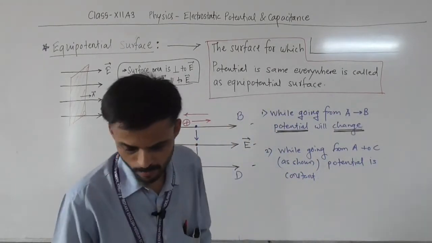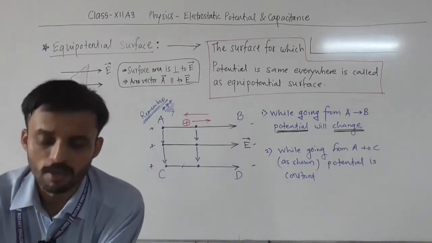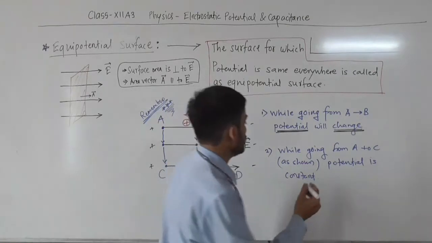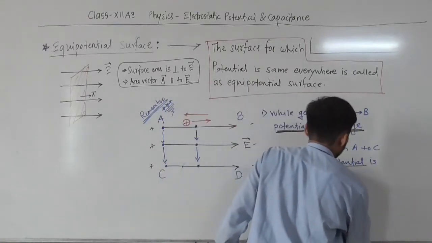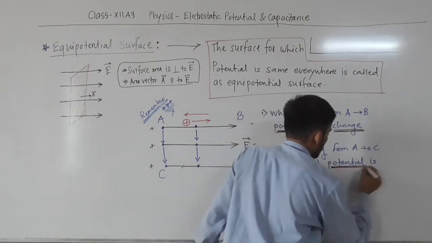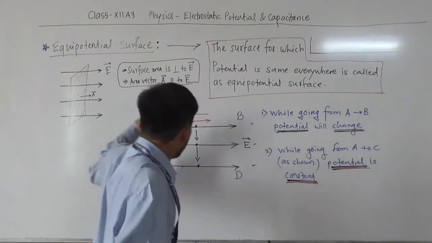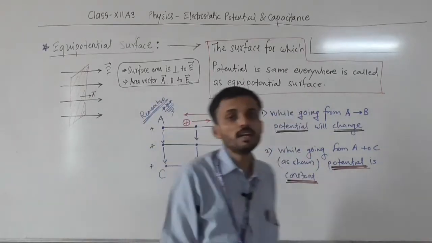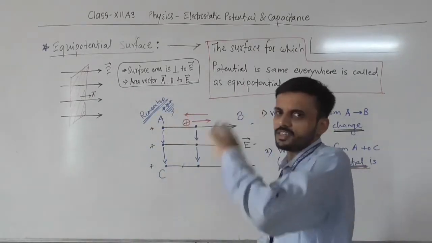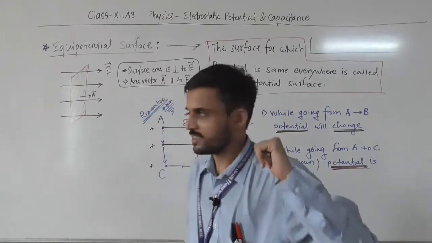You have to remember this. If you remember this, then in your life you will never come across any problem in understanding equipotential surface. Potential is constant. So if we are going along the electric field or in the opposite direction of the electric field, potential always changes.